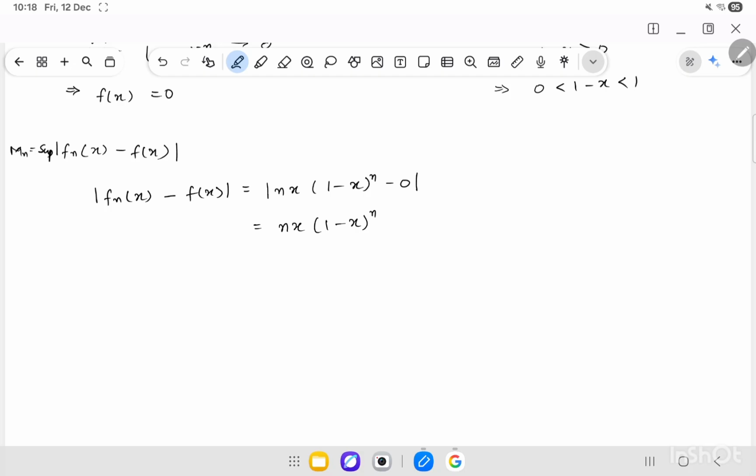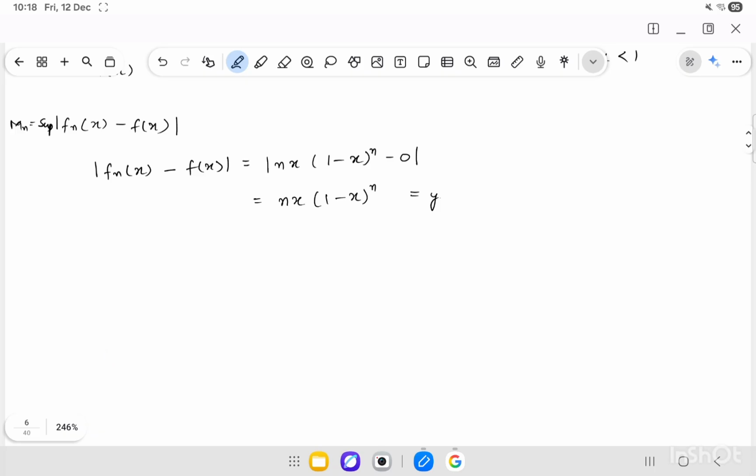Now let's name it as some y in order to find the point where it is attaining its maximum value, basically in order to evaluate the point where Mn is taking the supremum value.